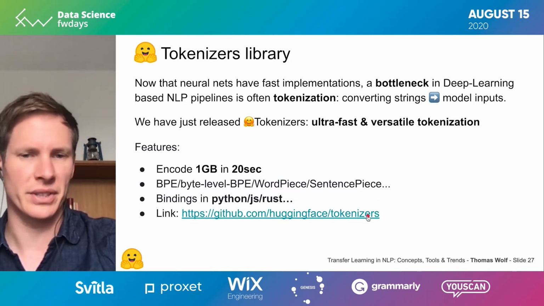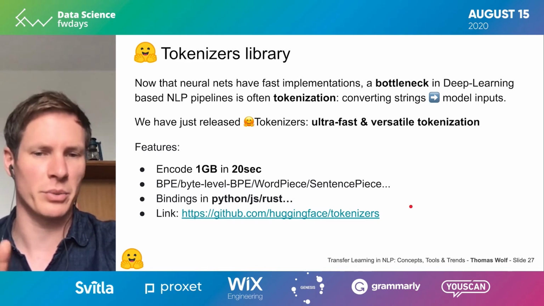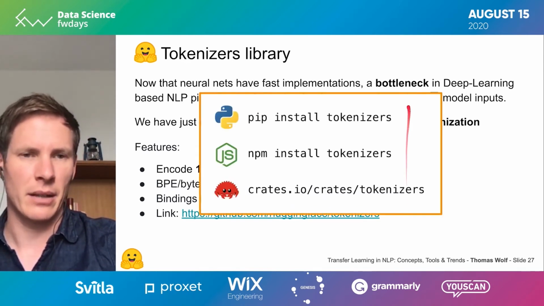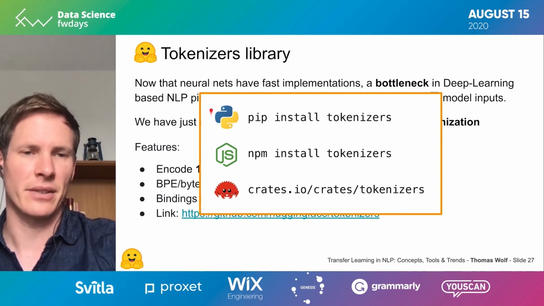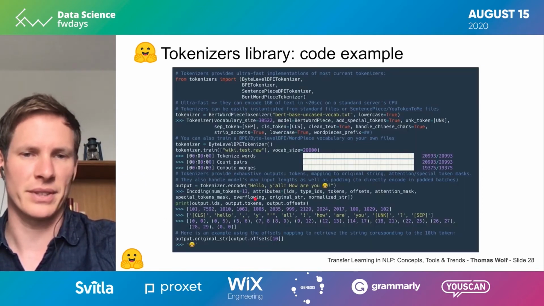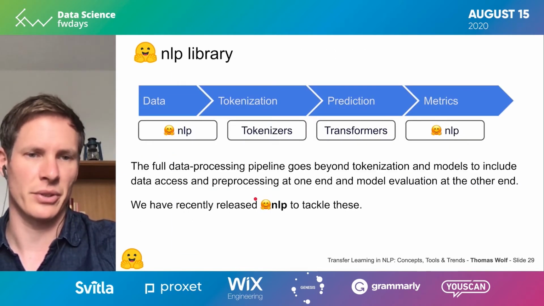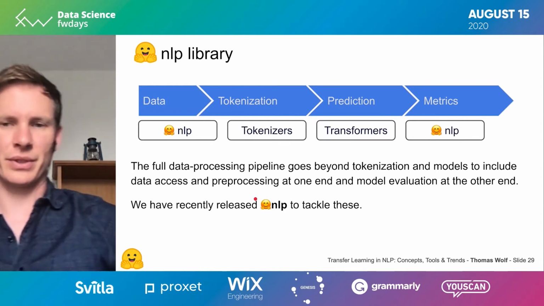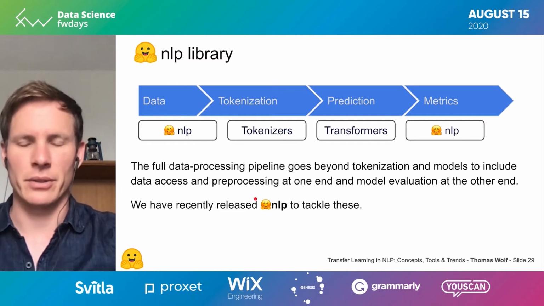And it's used in the Transformers library by what we call the fast tokenizers. Here also, I won't spend a lot of time, but just send you back to how to use it in Python, in Node.js, or in Rust, and check out the repository for more details.